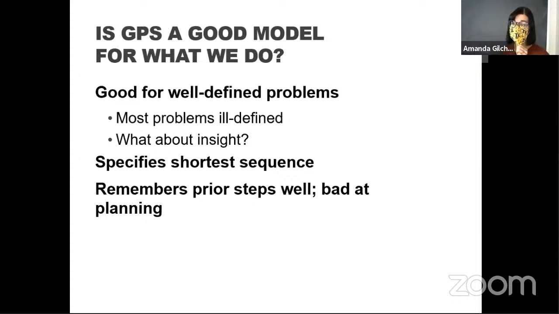And solving a problem not only requires you to remember the previous steps that you took, but it also requires you to plan ahead. So it's good for a certain type of problem within a very, very limited range, but as a model for how humans solve problems, particularly those ill-defined problems, it's not very good.